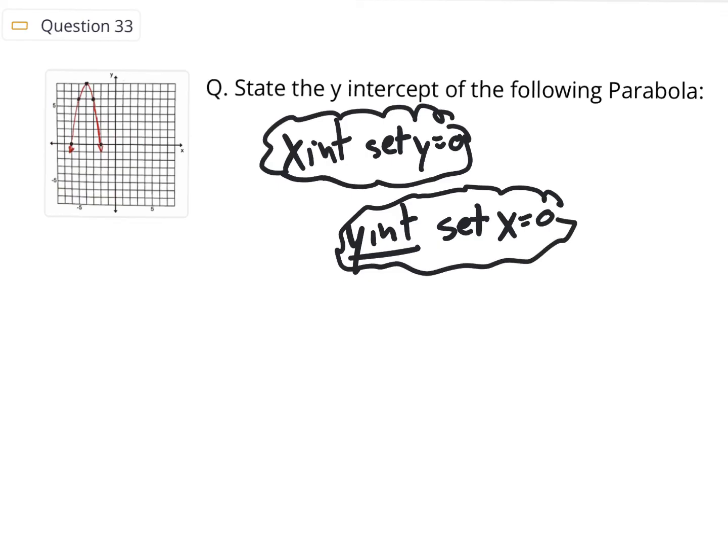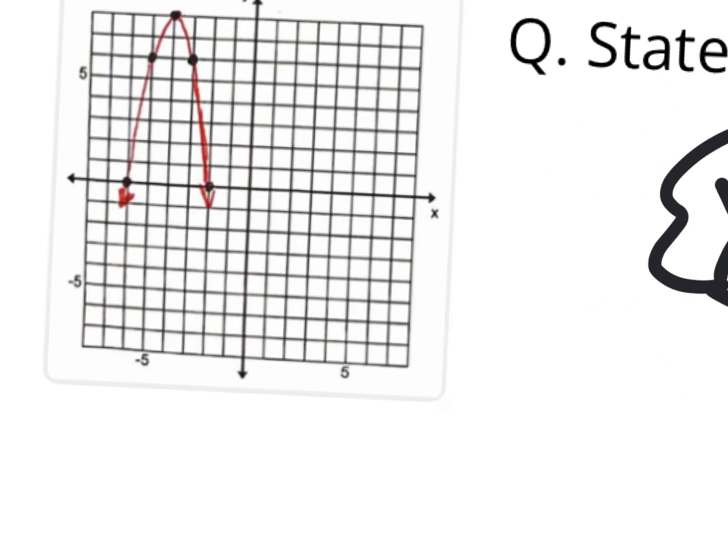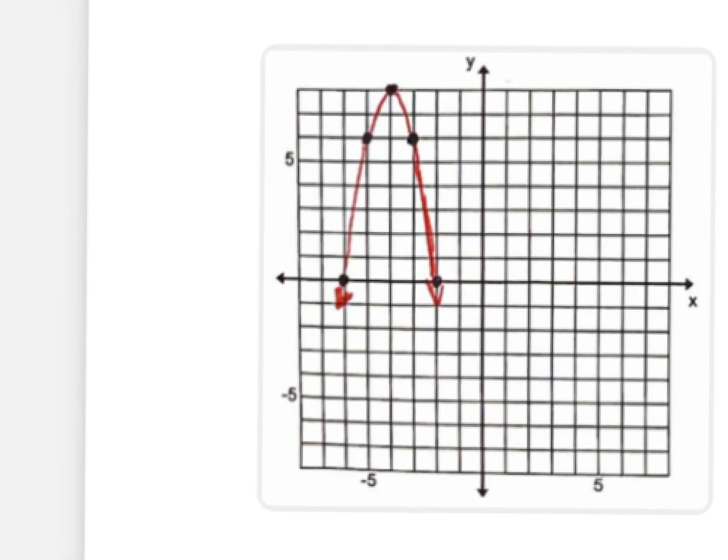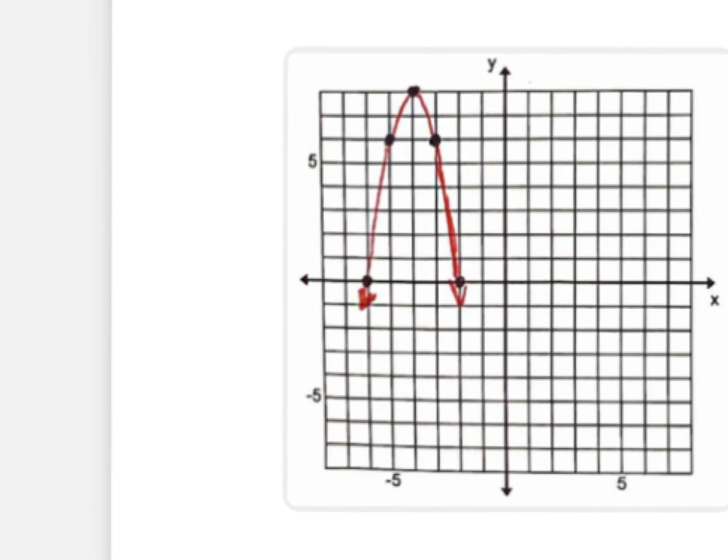Okay, so if we do take a look at this parabola, we first need to come up with the equation. All right, let's say that this was called g of x, and I told you, what is g of -2? G of -2 would be that coordinate at 0. So g of -2 is 0. If I were to say, what is g of -3? G of -3 is 1, 2, 3, 4, 5, 6.